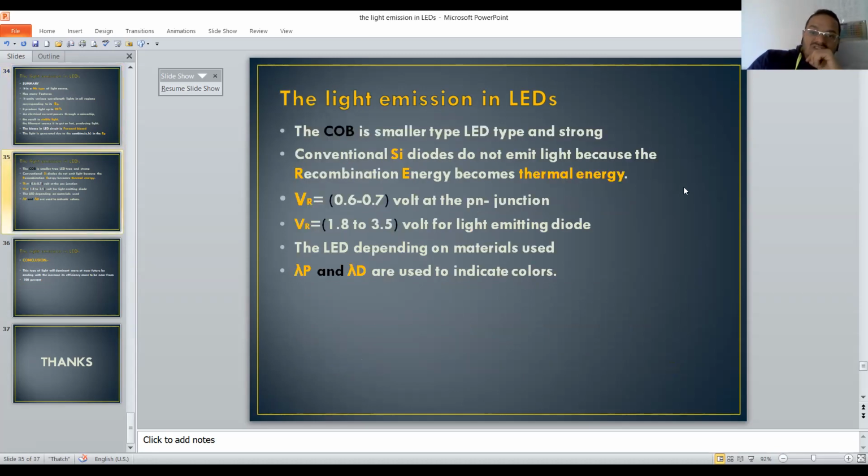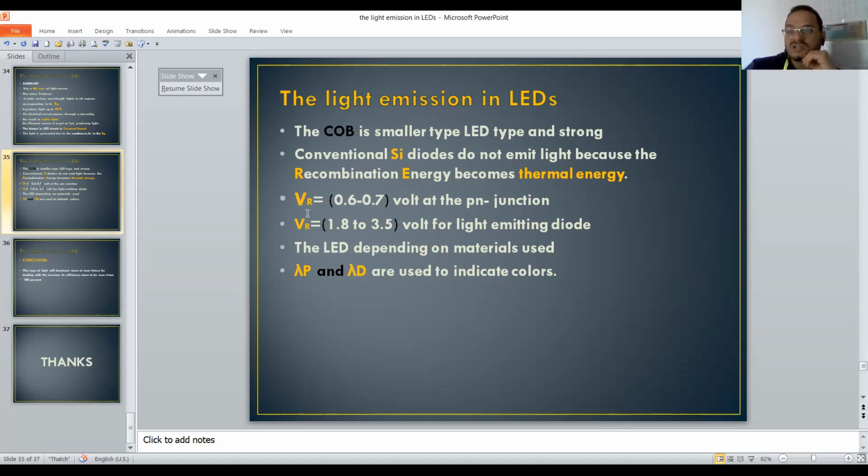The COB is a smaller type because we could put approximately 350 LEDs in a small space, but at the same time, it's strong. Conventional silicon diodes don't emit light because their recombination energy becomes thermal energy. Here we gain thermal energy, but in the LED we gain light.